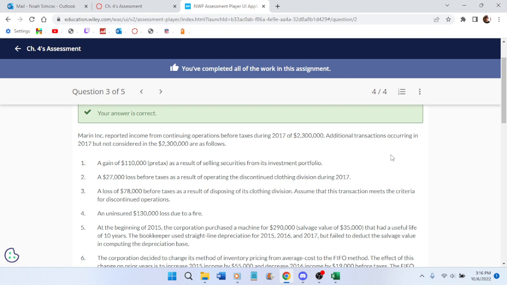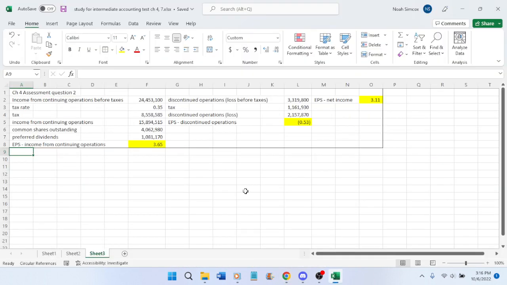This is so confusing. Okay, question 3. That's why you should do it, because it could be something similar on the test. You just got to be ready to do it on a test.